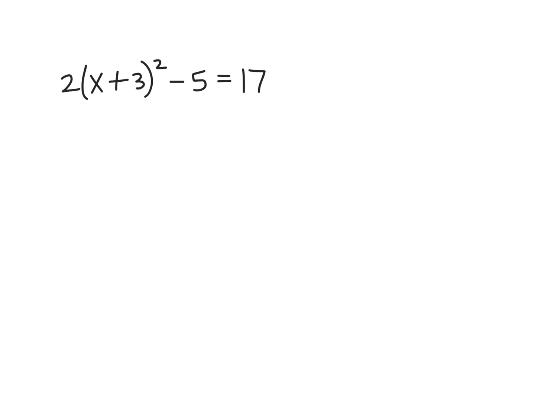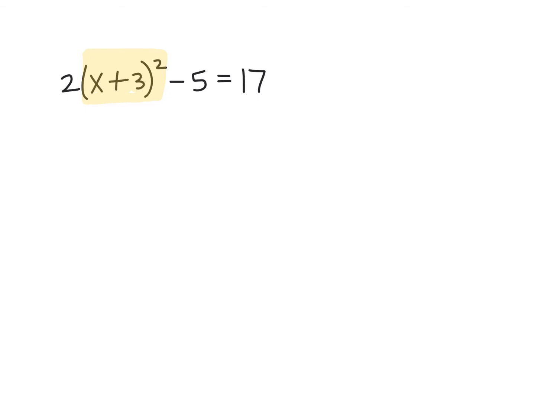Now, that being said, a question like this is most simply solved using square roots. The reason is because I can isolate this part very easily. So again, I'm going to treat this almost like I'm doing visitors and try to get rid of my extra pieces.